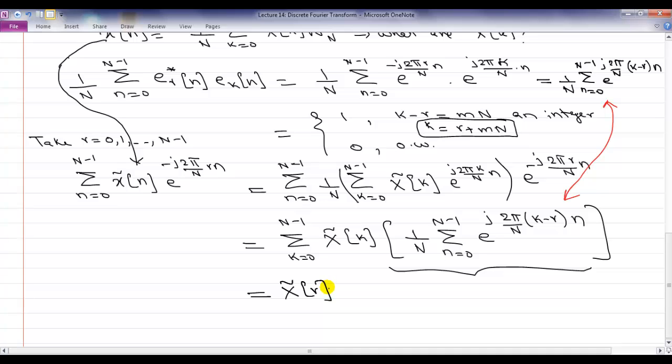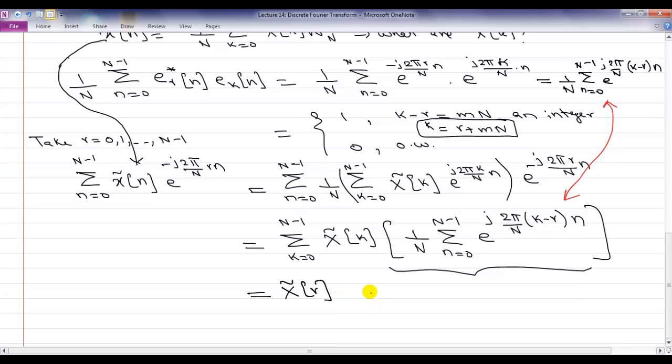That gives you the expression for computing the discrete Fourier series coefficients, which is just take x tilde of n and multiply it with e to the minus j 2 pi over N times r n, summed from n equal to 0 to N minus 1.